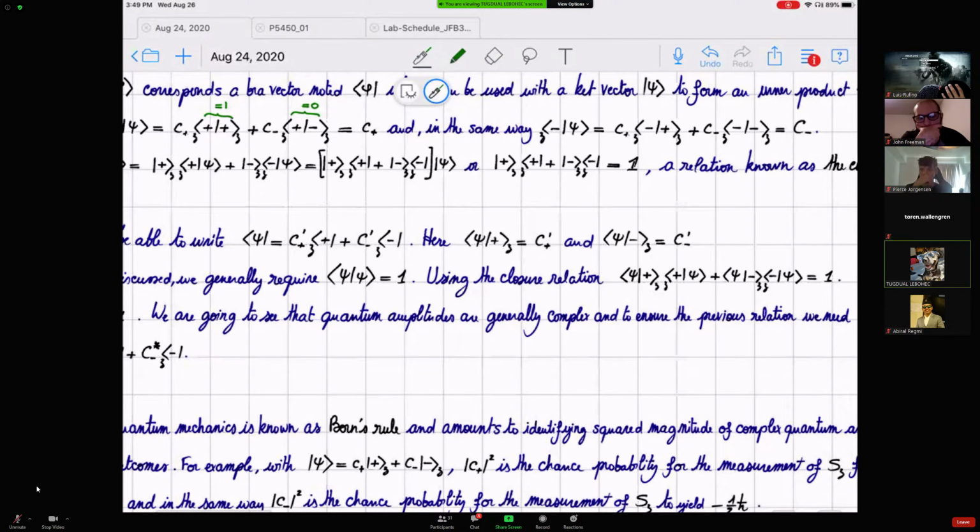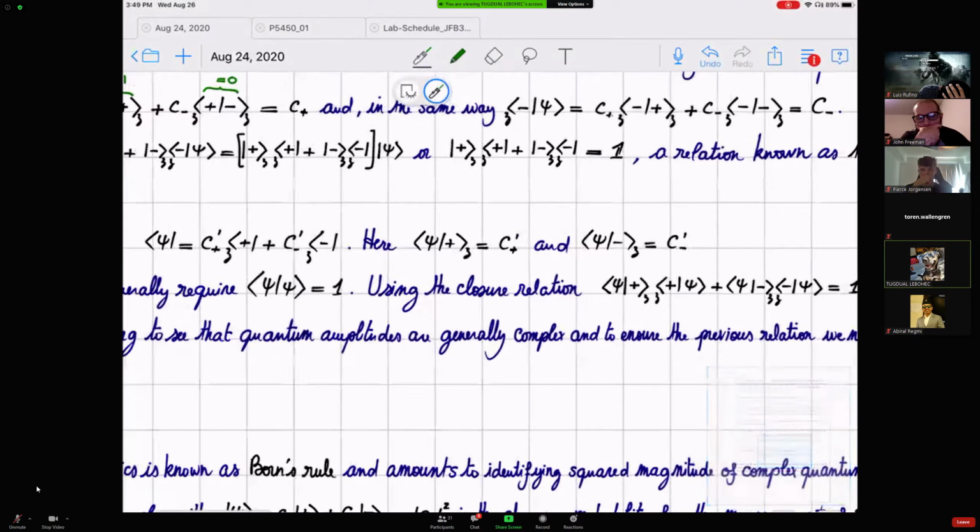Okay. So using the same trick that we have seen before, we can extract the components of the bra psi along the bra plus sub z and the bra minus sub z.